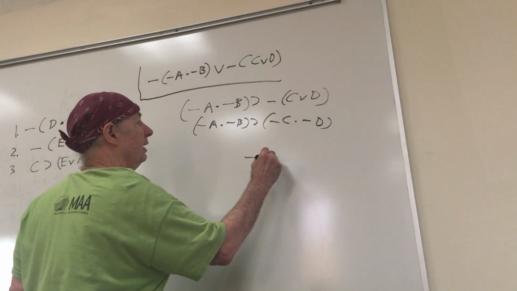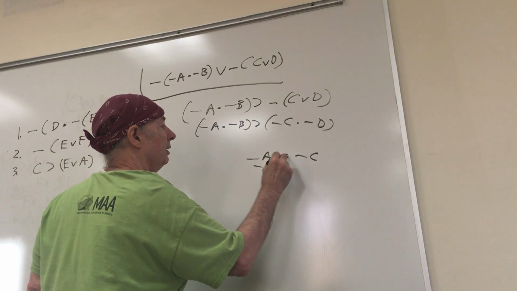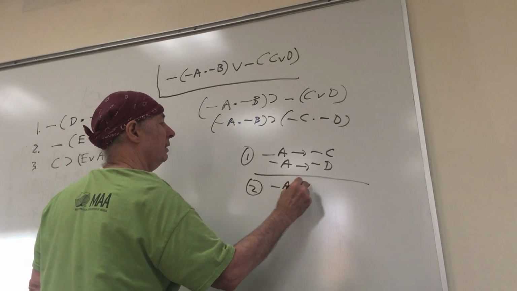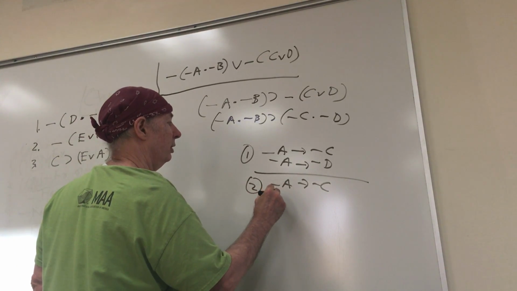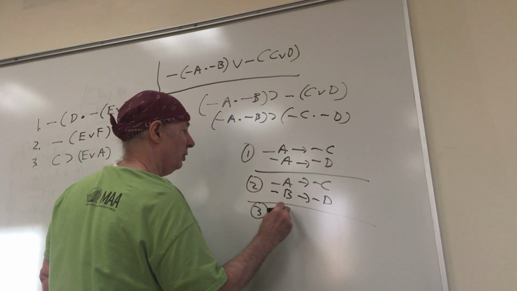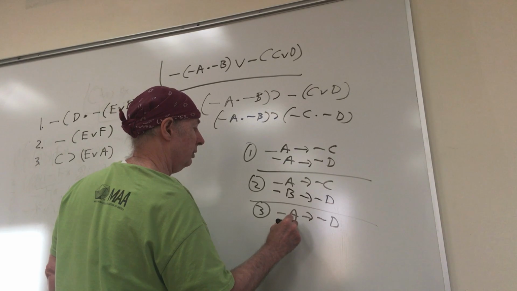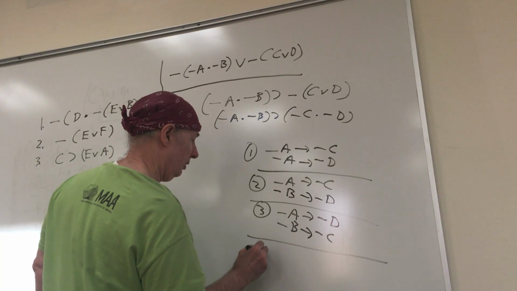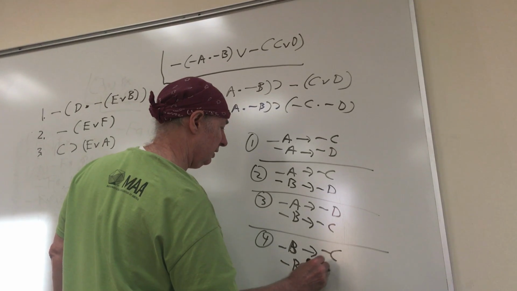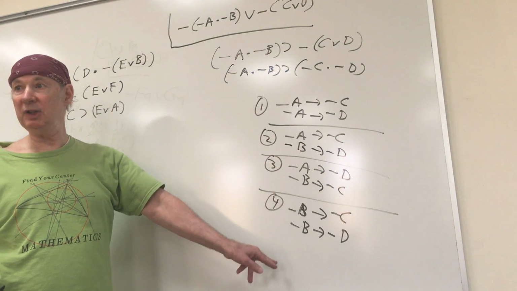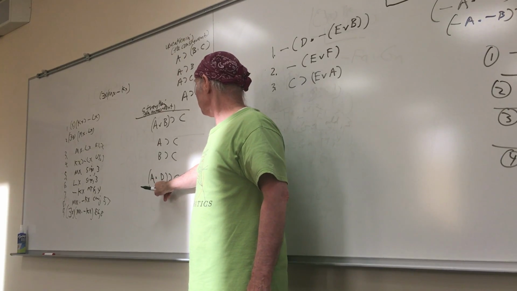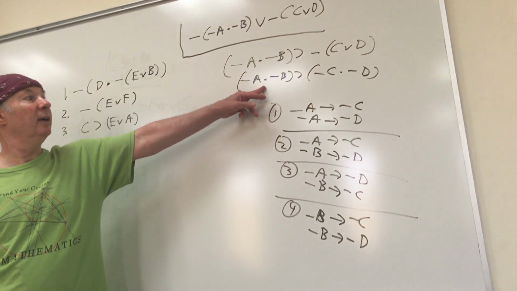We have squiggle A connected to squiggle C and squiggle D. We have squiggle A connected to squiggle C and squiggle B connected to squiggle D. Or we have squiggle A connected to squiggle D and squiggle B connected to squiggle C. Or squiggle B connected to squiggle C and squiggle B connected to squiggle D. If we can find any one of these four, we can then give birth and also strengthen to come up with this.